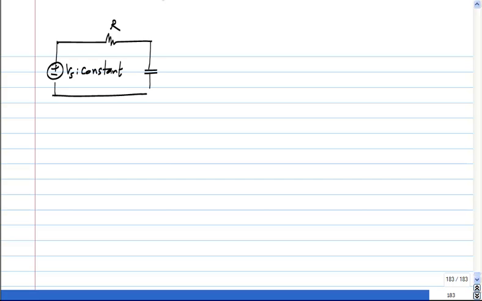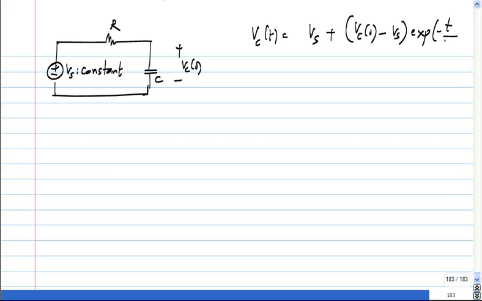So, what this result says is that for this circuit, if you have Vs to be a constant, R and C with an initial voltage of Vc of 0, the solution was Vs plus Vc of 0 minus Vs, times exponential minus t by RC.